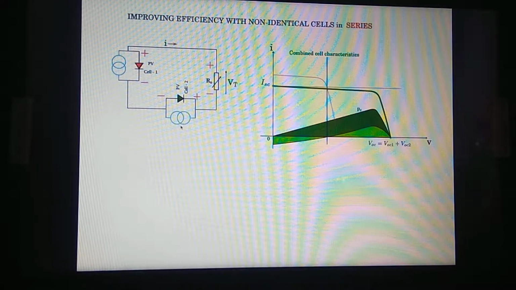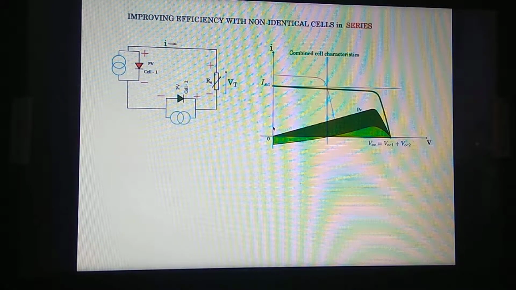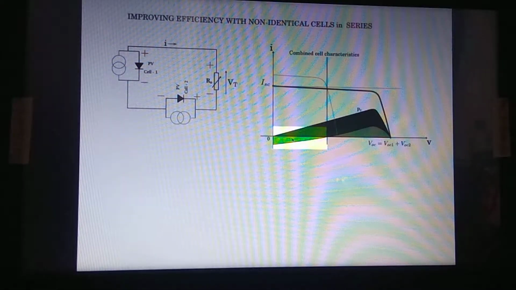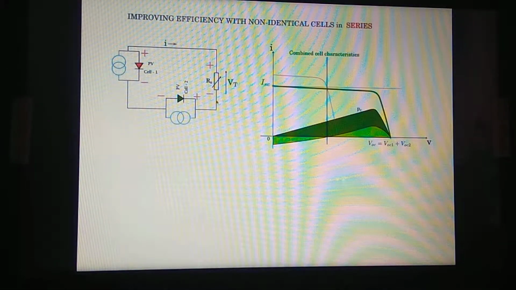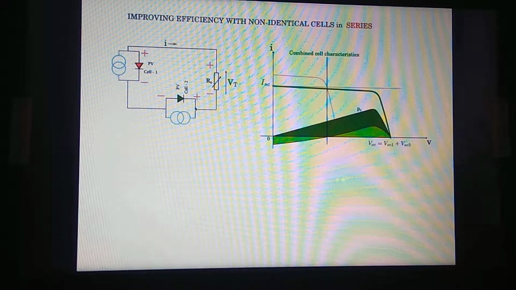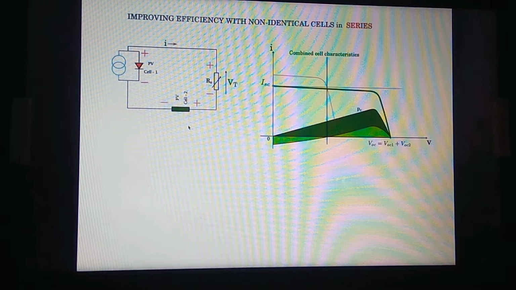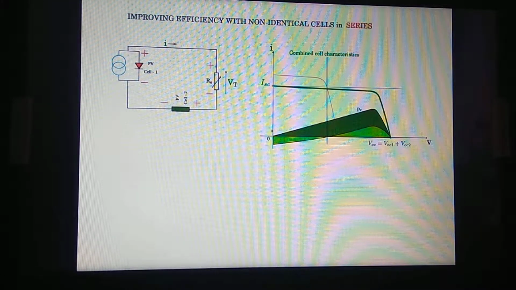So now PV cell 2 here is acting like a sink or a load, which means that it is operating in this portion of the IV characteristic. We can as well replace this PV cell 2 by a resistive element like this. So in effect, PV cell 2 is behaving like a resistor during the time when it is sinking.